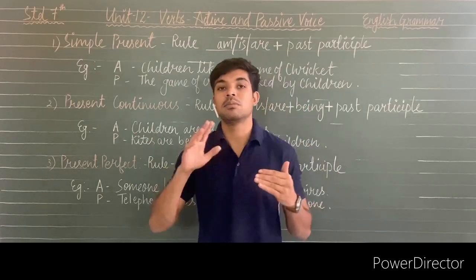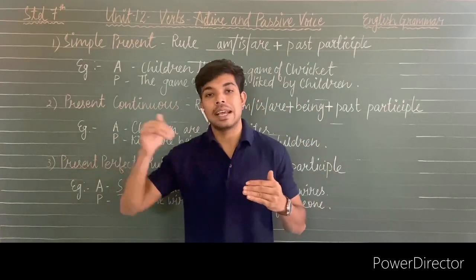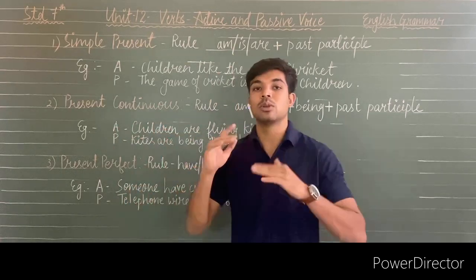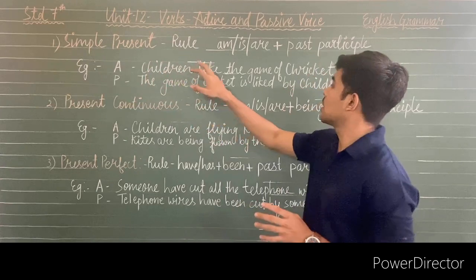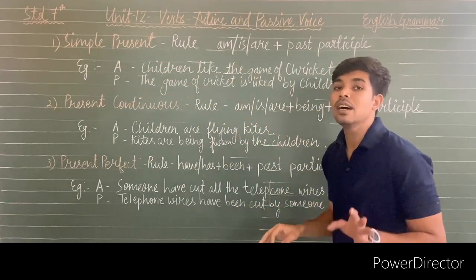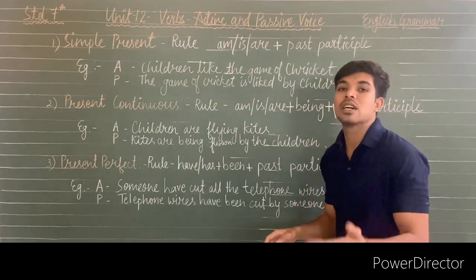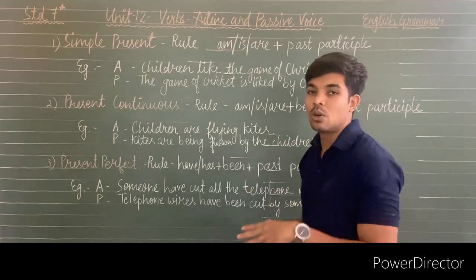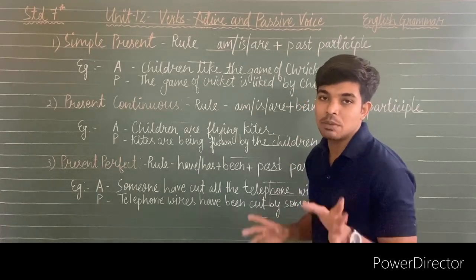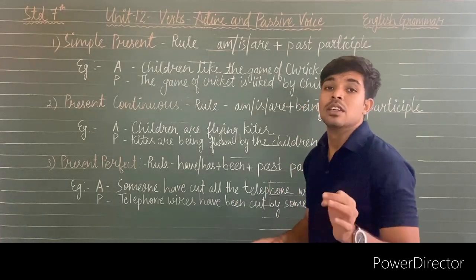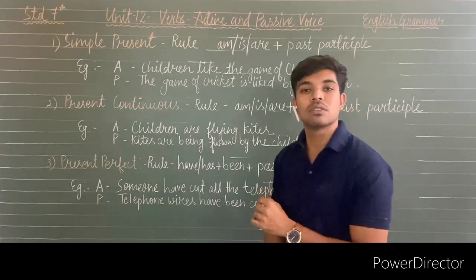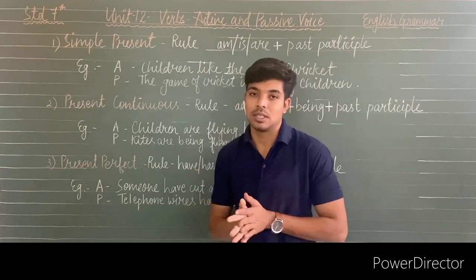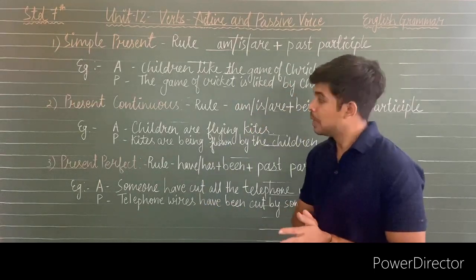The difference is the subject is doing the action versus the action is done by the subject. So these both are different. We have this example: children like the game of cricket is in the active voice. But when we convert it into the passive, the subject goes at last and the predicate comes at first. In between we have to change some of the verbs according to the rules of active and passive voices. So we'll revise it now.